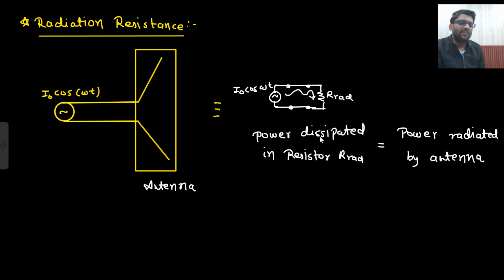So what do you think the power dissipated in the resistor is? That is I naught square by 2 into R radiated, or if you get confused, I RMS square into R radiated, or I naught square by 2 into R radiated.